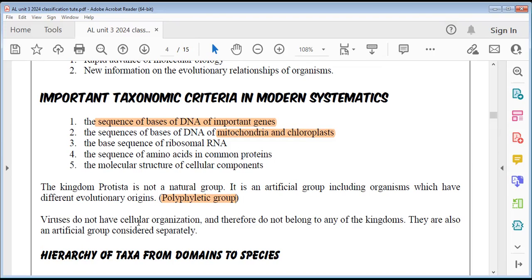It fits the whole set of classification, only one problem, different ancestors. Virus doesn't have cellular organization, and doesn't show any one of the requirements there. So virus is an artificial group. Protista is also an artificial group, but they are artificial due to different reasons. Understood? All right.